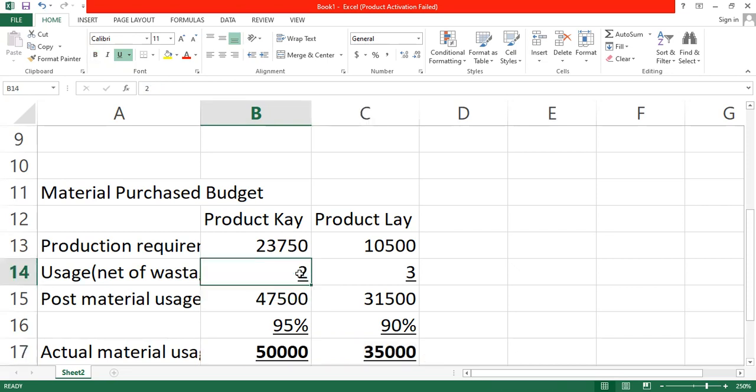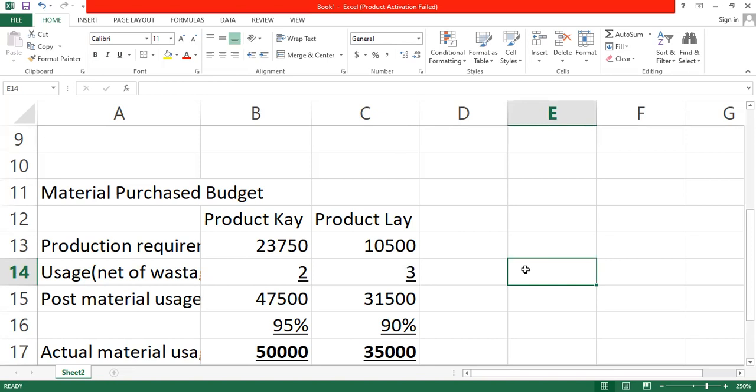Divide the 2 by 0.95 and give me the answer. 2.1111. Just take all of that, and use that answer to multiply the 23,750.